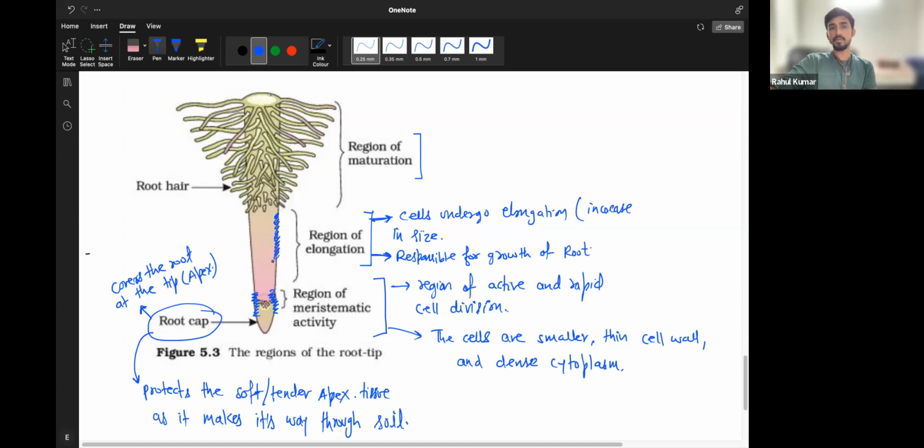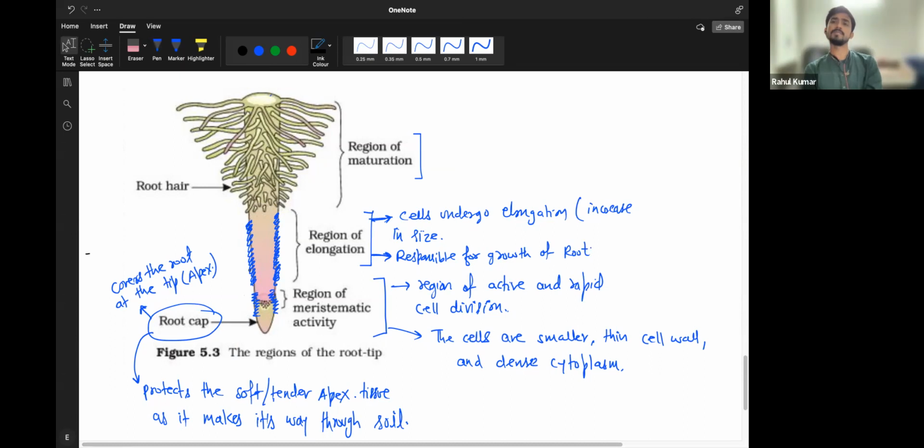And this also does not have root hairs. It's a big region above the region of meristematic activity. Is it clear? Written? Yes or no? Yes.